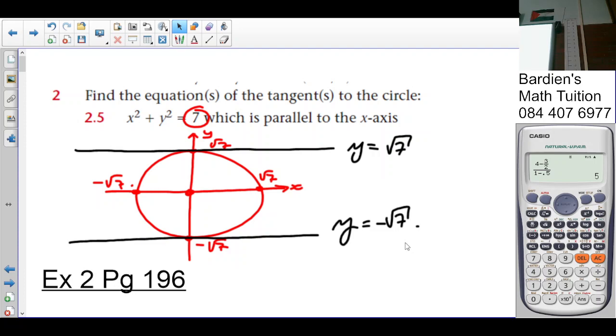Remember that the radius is from center to circumference, and the radius of this is root 7. That's why from there to there is root 7, root 7, root 7, root 7. Understand? Alright.